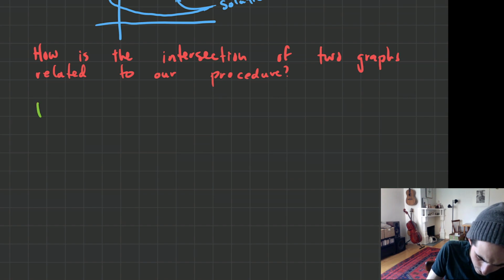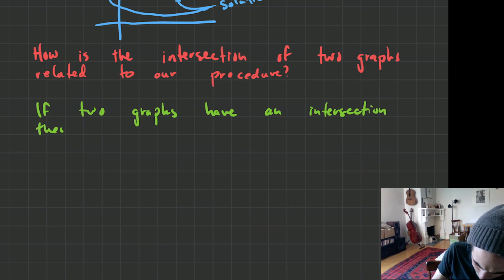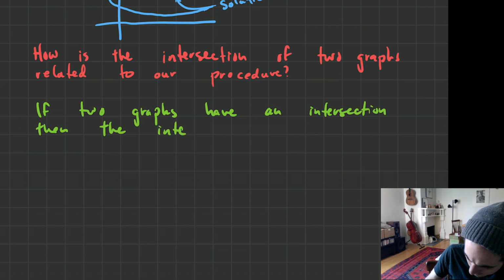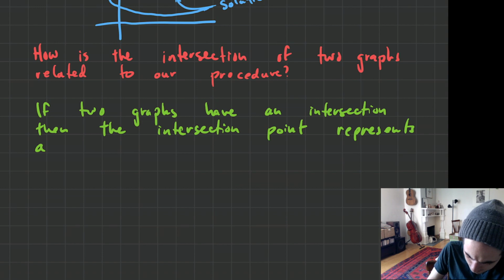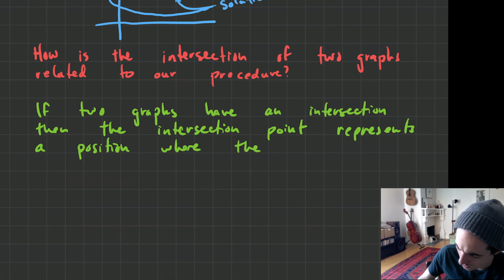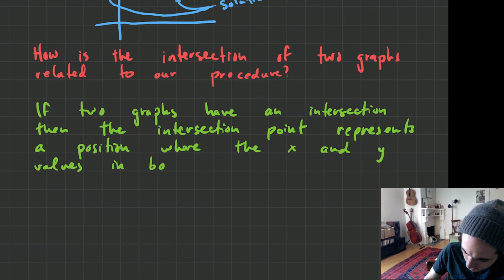If two graphs have an intersection, then the intersection point, or the point of intersection, if you will, represents a position where the x and y values in both equations are the same.